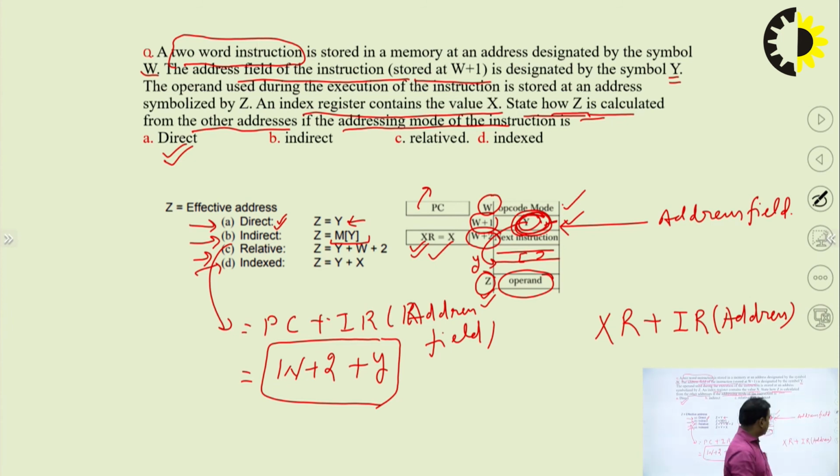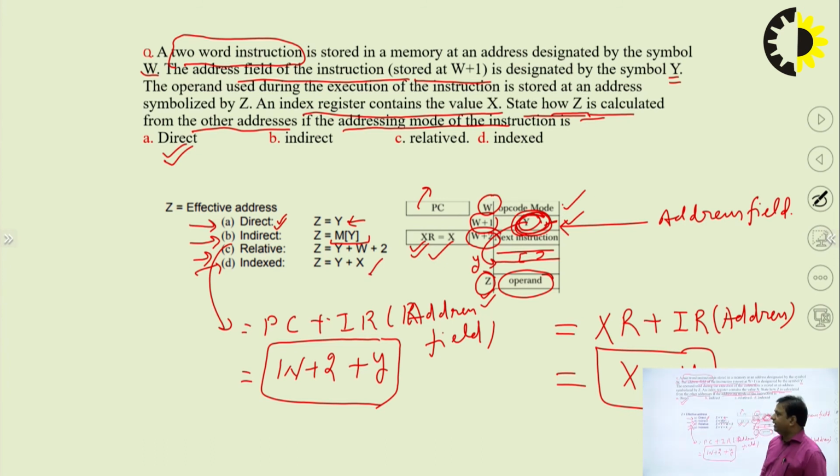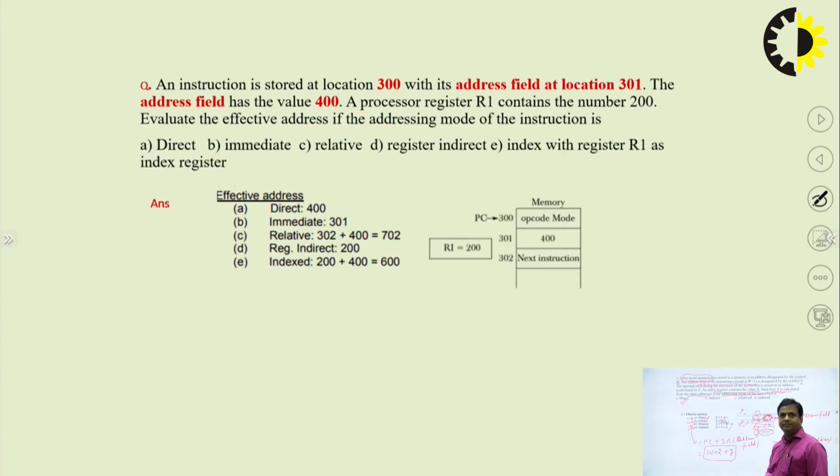So in case of indexed addressing mode, the XR is X, and the address field of the instruction is Y. So this will be X plus Y. In this way we can calculate the effective address in different addressing modes, right?